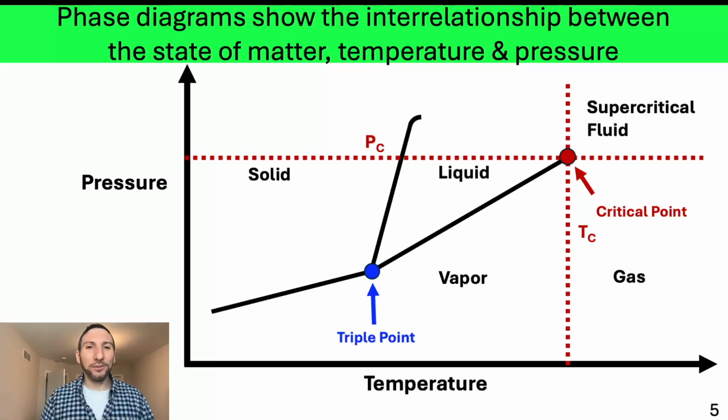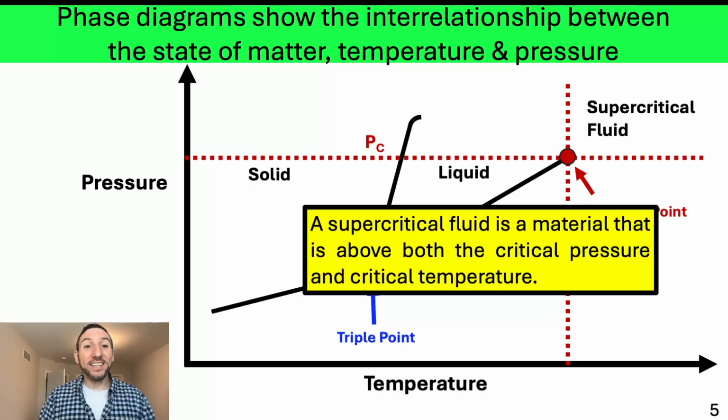And a supercritical fluid is something that exists above both the critical temperature and pressure, but it also has properties that are between a liquid and a gas. And one of the applications of supercritical fluids is as an alternative to liquid solvents. So it's pretty good at extracting different compounds from a raw material.